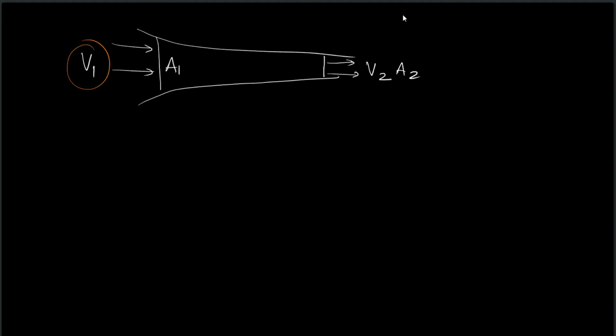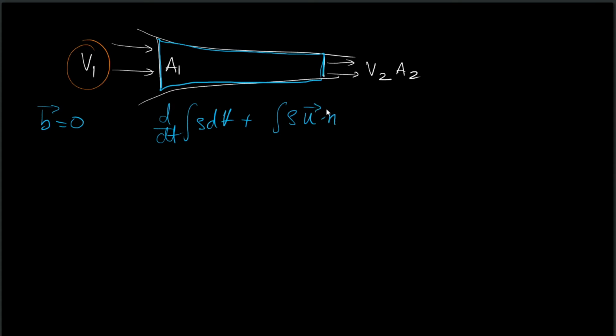Okay. So now let us choose this control volume, which does not move anywhere. So the control volume has v equal to 0 for all the faces of the control volume, right? In that case, we can write d/dt of integral rho dV plus integral rho u dot n dA equal to 0.